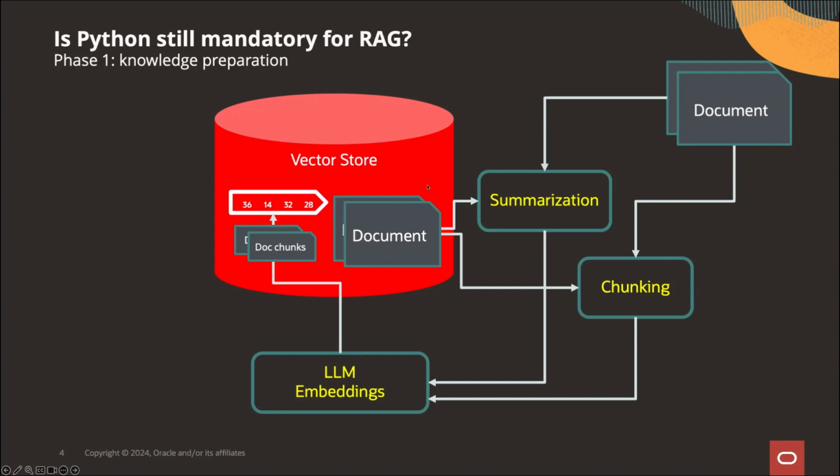On these documents, you have to perform chunking, summarization, or both, in order to solve a main problem: large language models that provide embeddings have a limited number of text or bytes that you can provide.